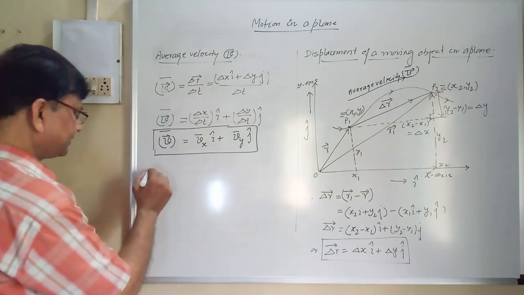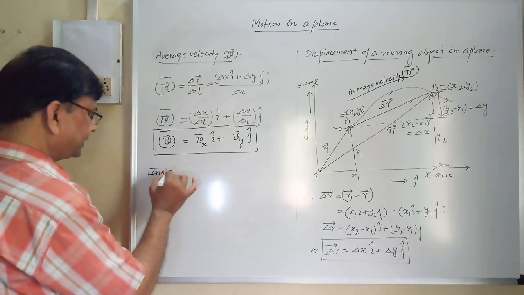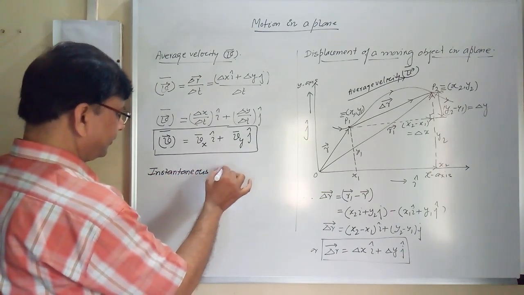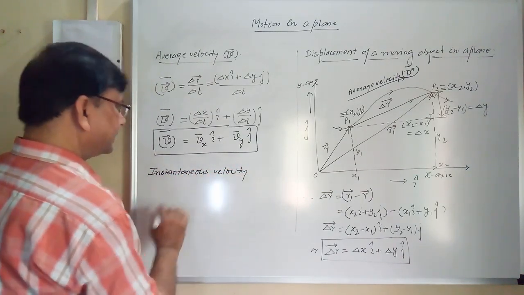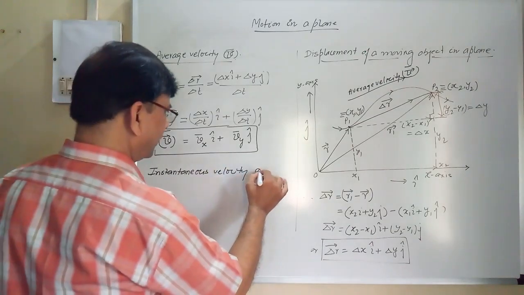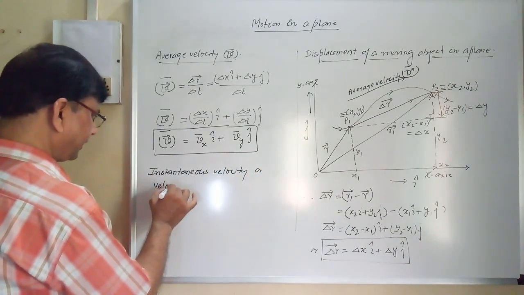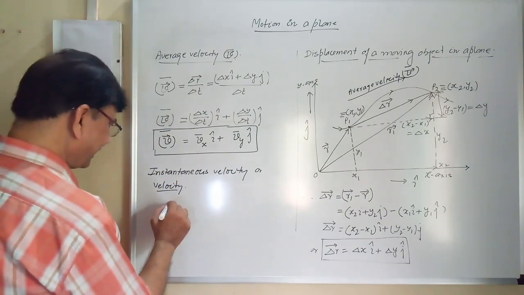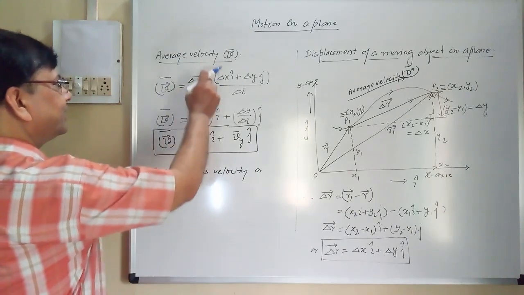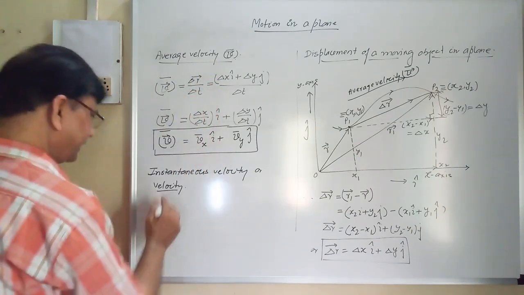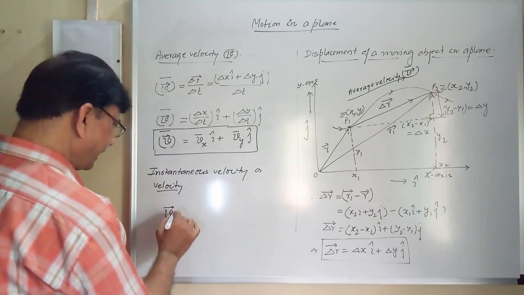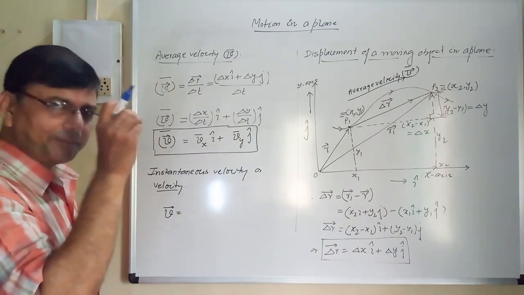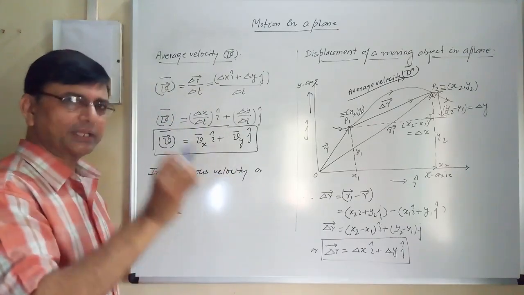So instantaneous velocity is given by this. When delta t approaches 0, then we get the velocity vector at any point. Instantaneous velocity means velocity at a particular position, at a particular instant.